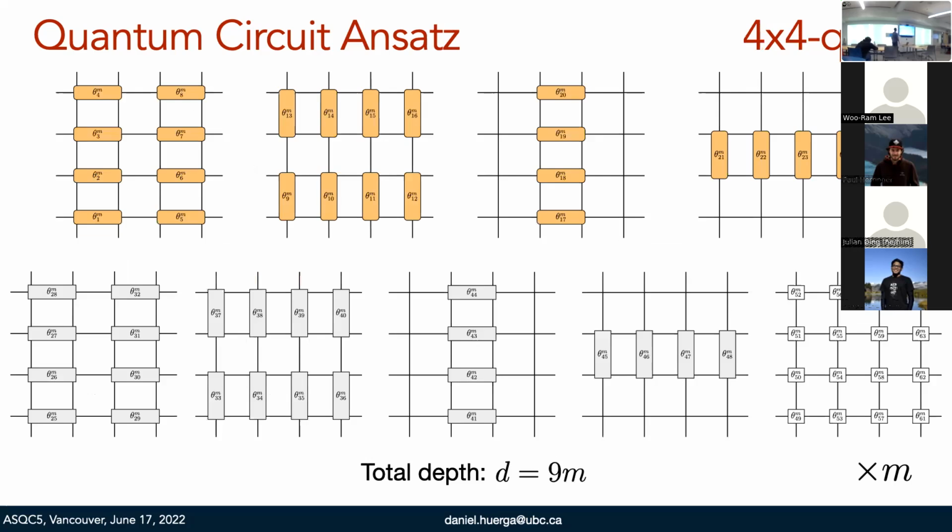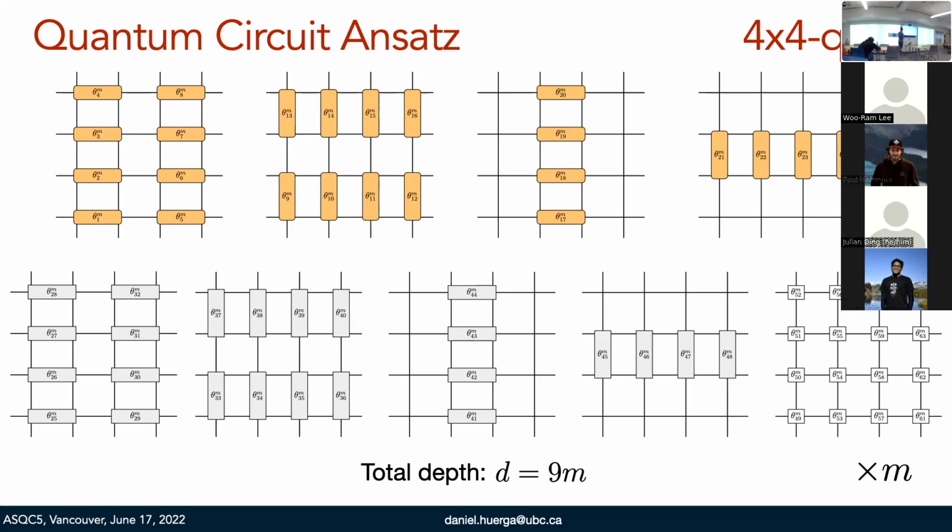For 4x4 qubits, I repeat the same structure, again preserving as much as we can the C4 symmetry of the lattice, and we find this 9-layer structure that we can repeat several times, m times, up to a total depth of 9m.